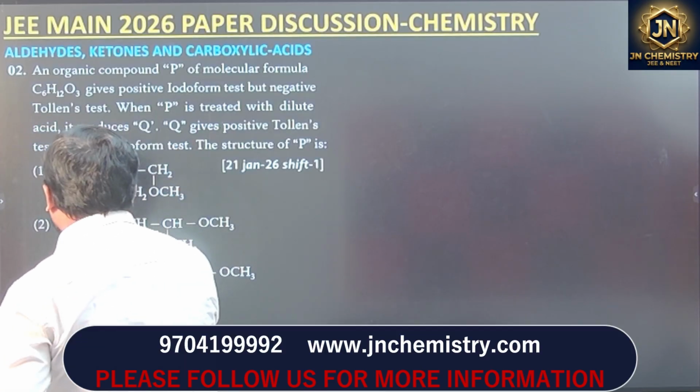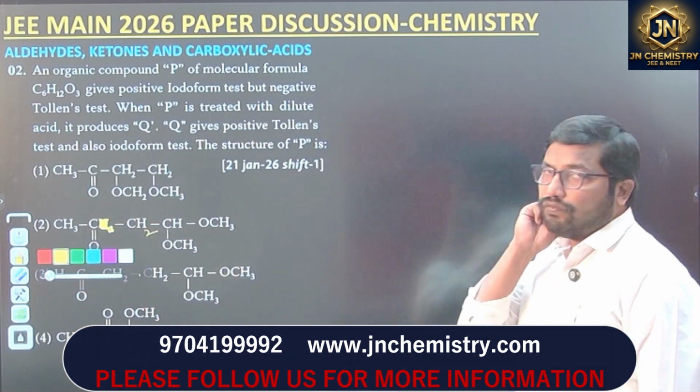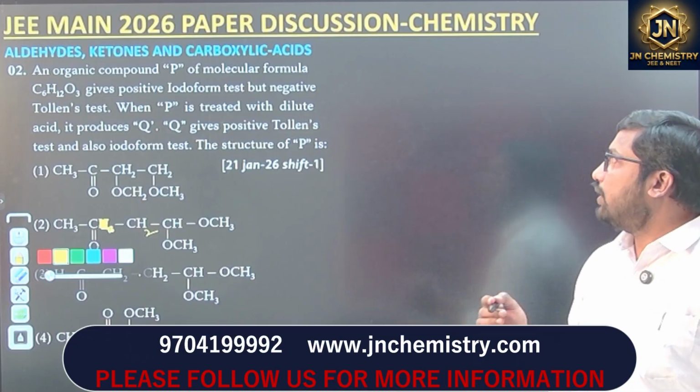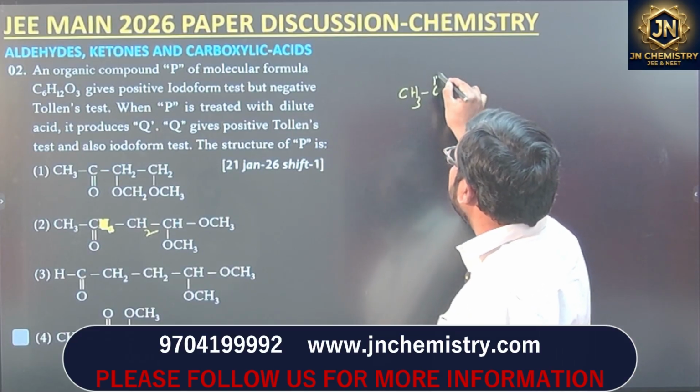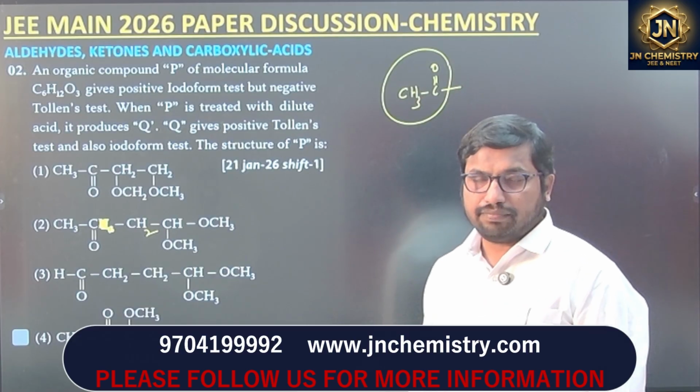So in this case, particularly we need to understand what the iodoform test is, which types of compounds will give the iodoform test and the Tollens test. Simply try to understand: methyl ketones, whenever methyl ketones are there, these will give the iodoform test.